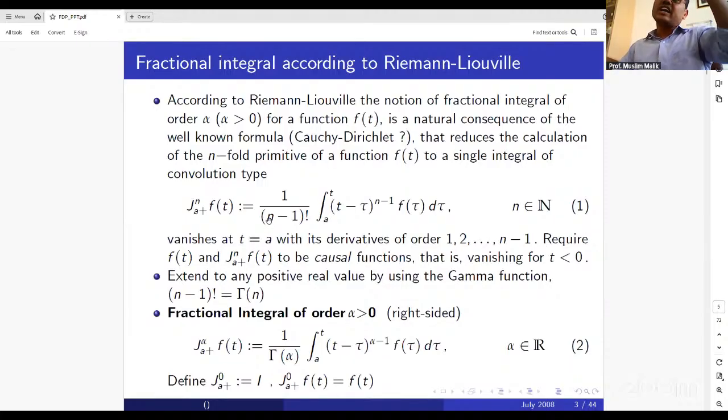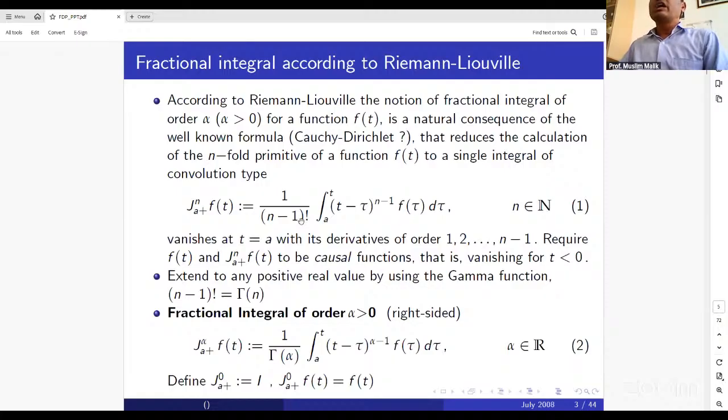Okay, so in that case what we need to do is replace this factorial by the gamma function. The gamma function is also defined for real numbers.